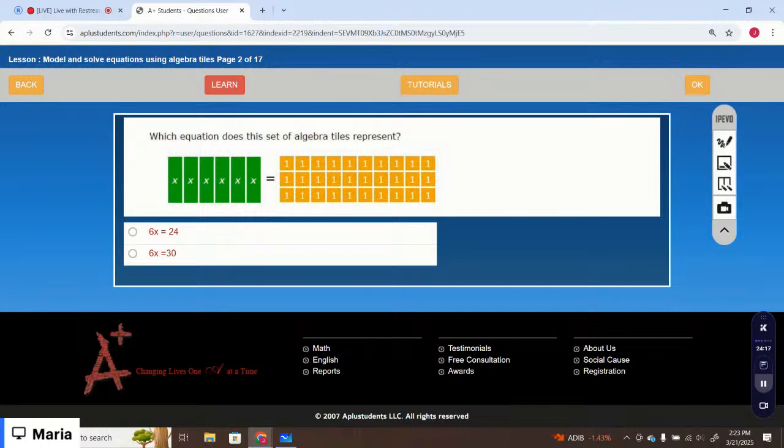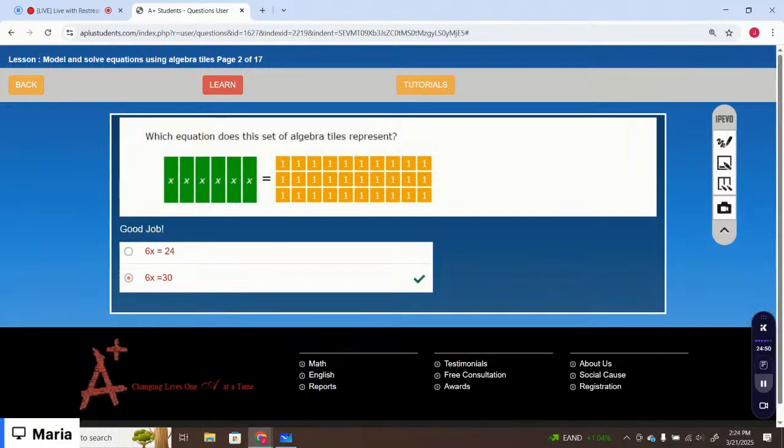Which equation does this set of algebra tiles represent? That is 6x equals 30. Option number 2 is the correct option.